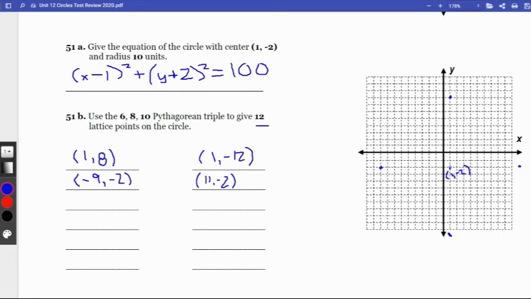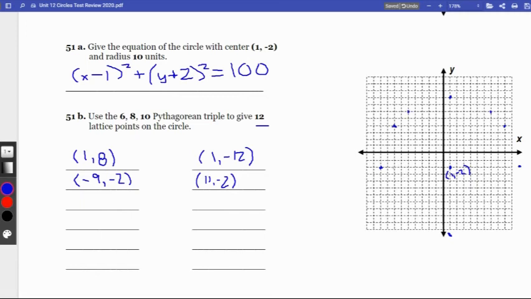But I will go to the right, 1, 2, 3, 4, 5, 6, and up 1, 2, 3, 4, 5, 6, 7, 8. Here's 1 point. Or I can go over 8 and up 6, 2, 4, 6. I could go to the left by 8 and up 2, 4, 6. Or I could go to the left by 6 and up by 8.